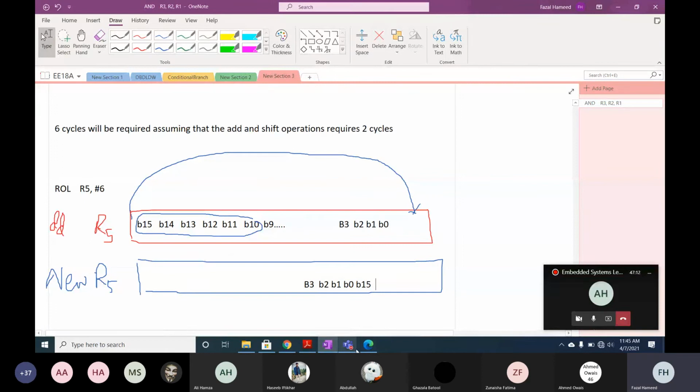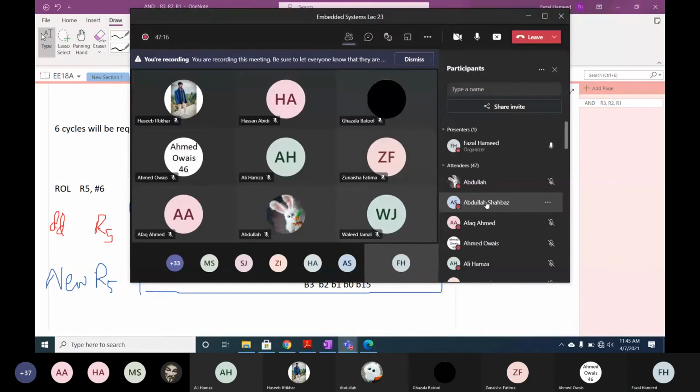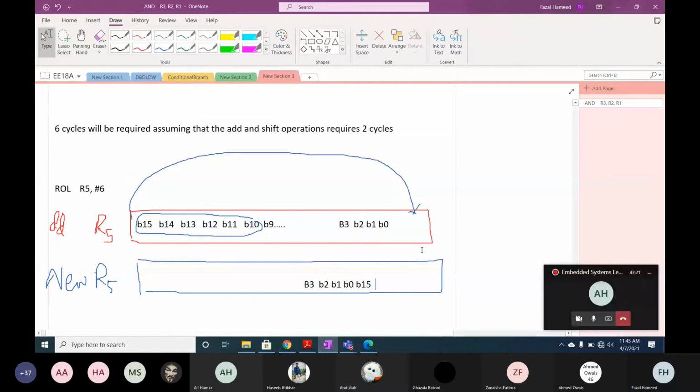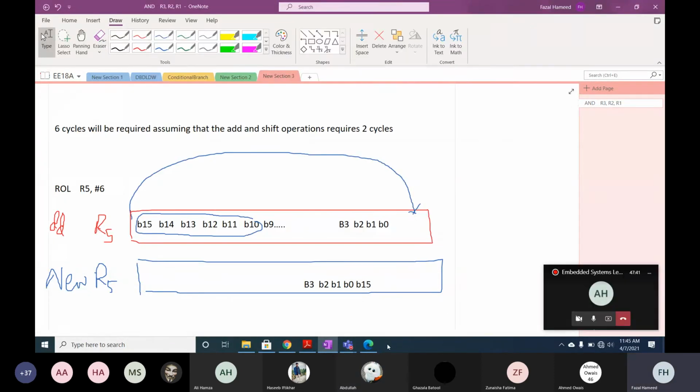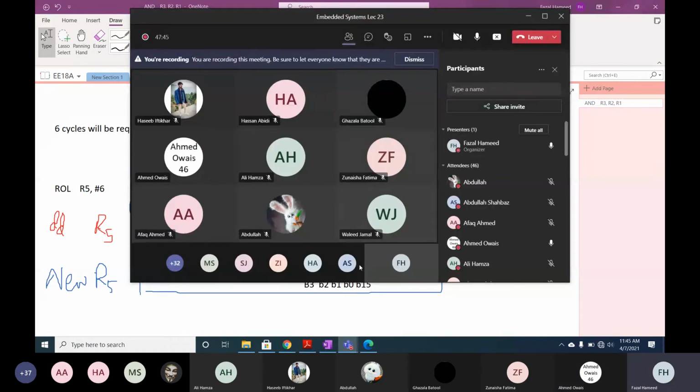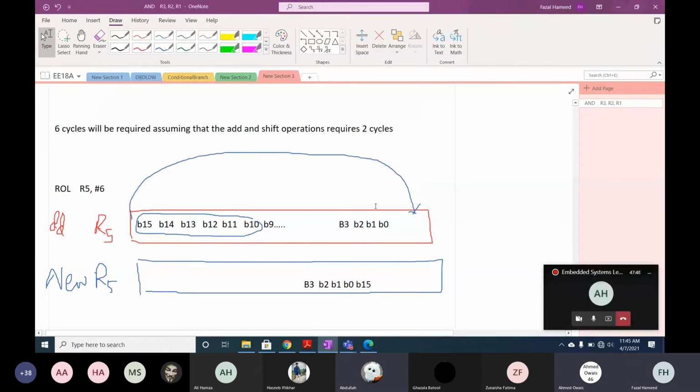जी बताएं बेटा. Abdullah. Abdullah. Yes. Which value will be moved next? Abdullah, आपकी आवाज नहीं आ रही. सर Ahmed Awais. Ahmed Awais. Yes, sir. आपकी आवाज नहीं आ रही. बताएं बेटा. Yes, sir. Yes, sir. Sir, हाँ, आवाज आ रही B14 से है? आगे जाएगा. Sir, B4. Sir, B14, क्या B13, क्या? B12.